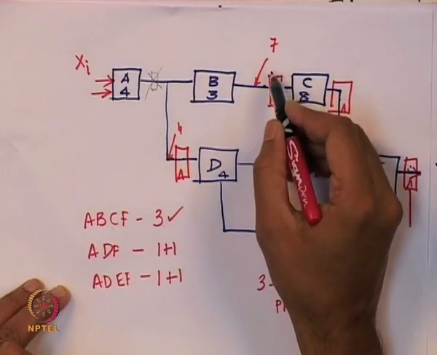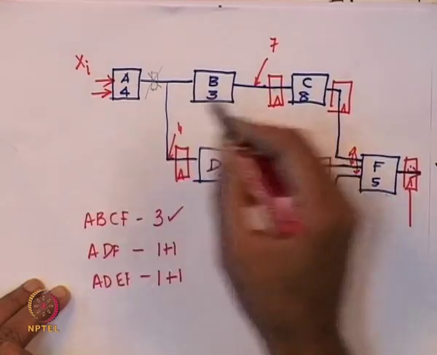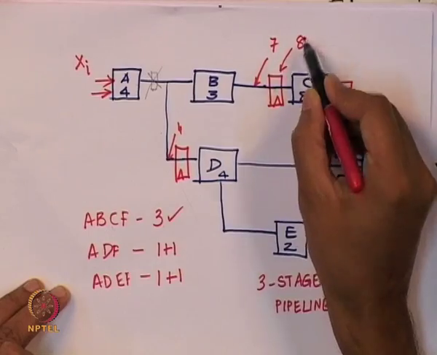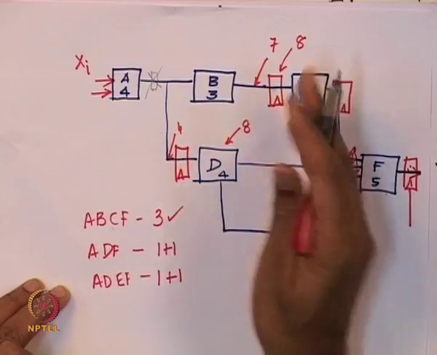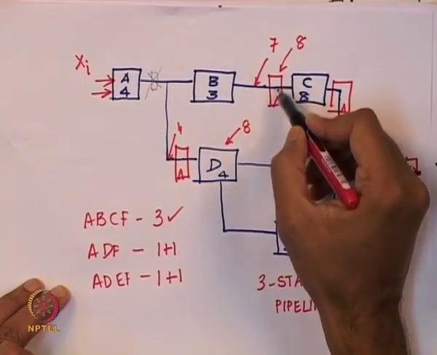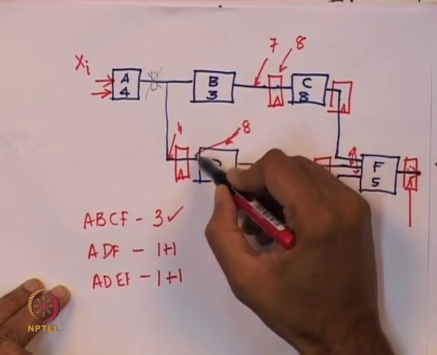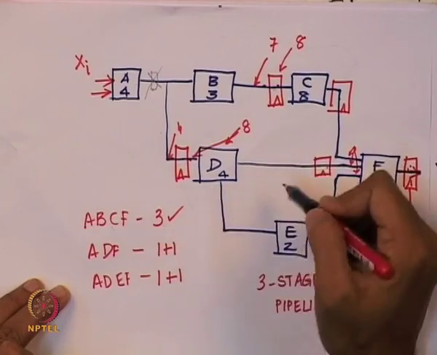So, the first stage will get registered at 8. So, A and B of xi will get ready here at 8, and the relevant things for xi are available here and here, at the flip flop, not at the D.